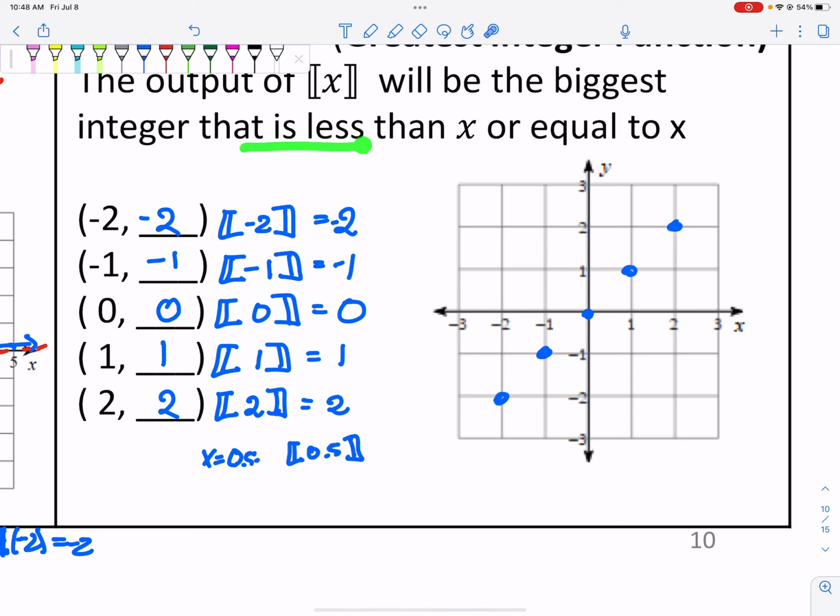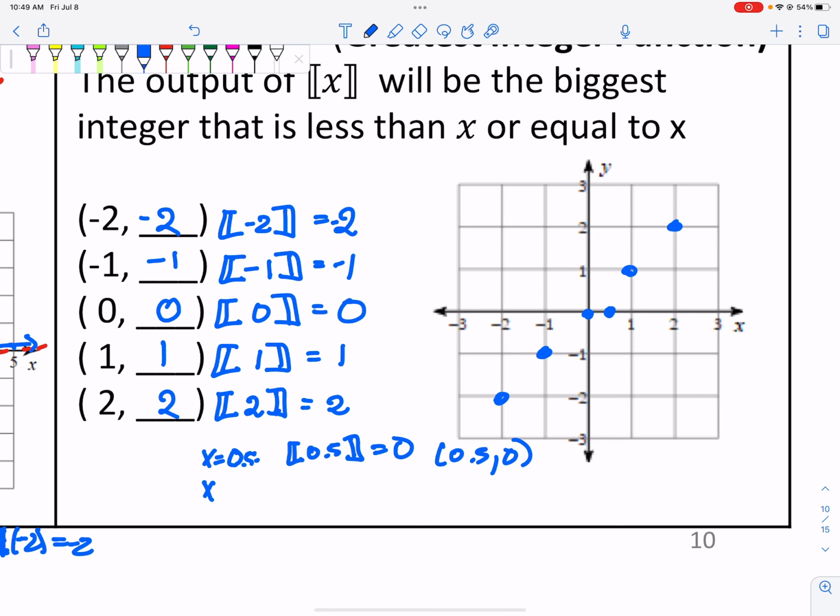It has to be less than 0.5. The closest integer to 0.5, but less than 0.5, that's going to be 0. So when x is equal to 0.5, the y value is going to be 0.